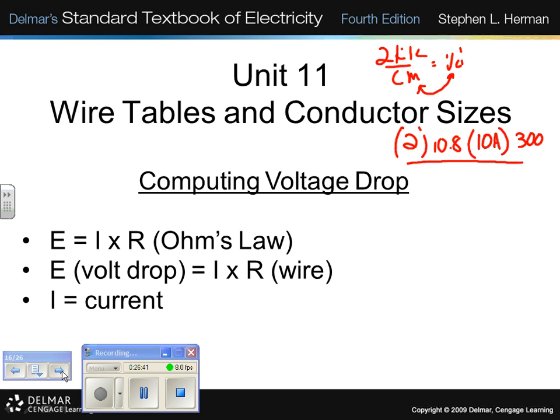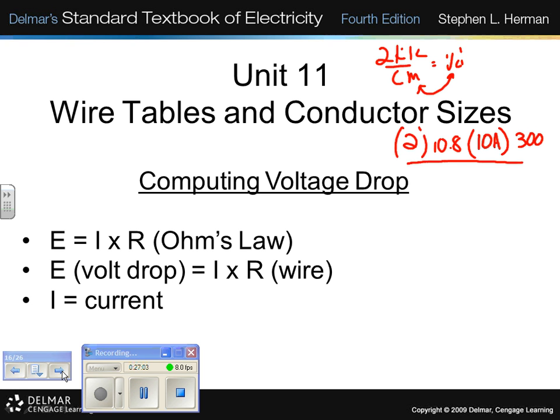Now, we could divide by the cross-sectional area in circular mil for a number 14 wire, which is 4,110, or actually it's 4,109, I think.